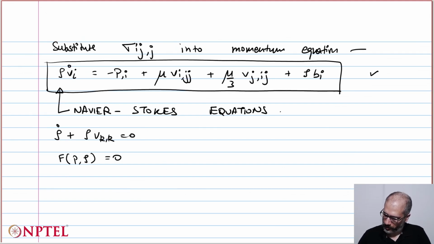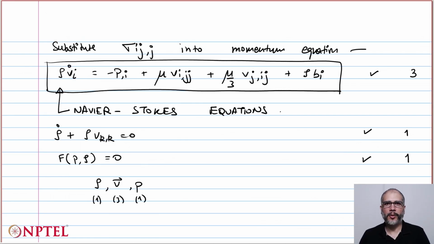So with these three equations, we can solve for the unknowns, which are the density, the velocity field, and the pressure. So we have three equations here, one equation each here, and we have 5 unknowns as well. So this system looks closed and we can solve it to get the values uniquely.